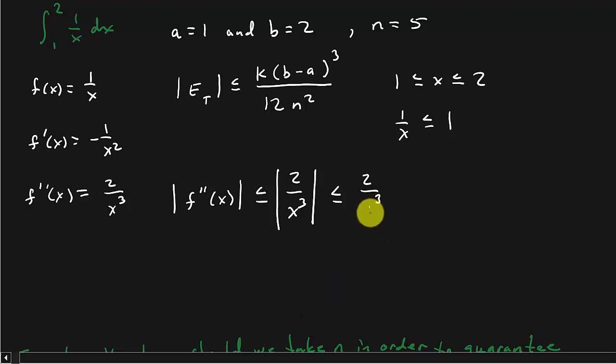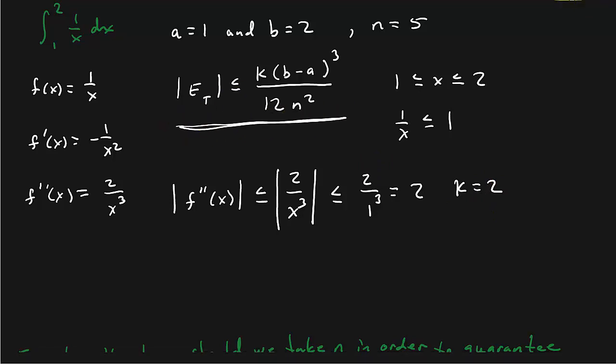And so that's why this is 1 cubed, and that is equal to 2. So I've got f double prime of x is less than or equal to 2, so I'm going to take my K value to be 2. Now I can plug everything in to this right here.